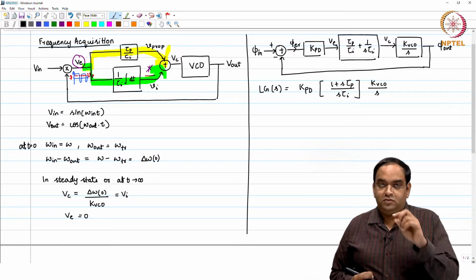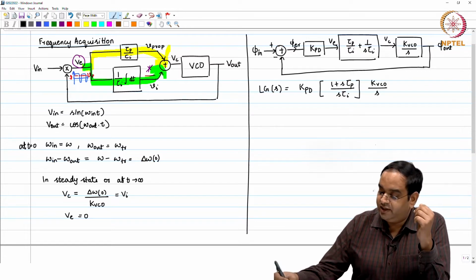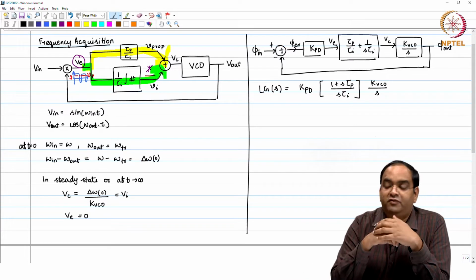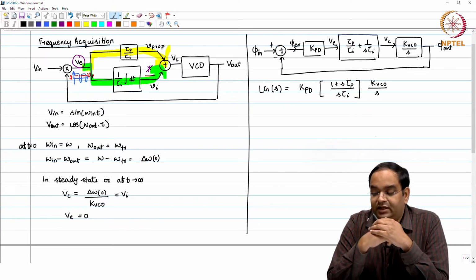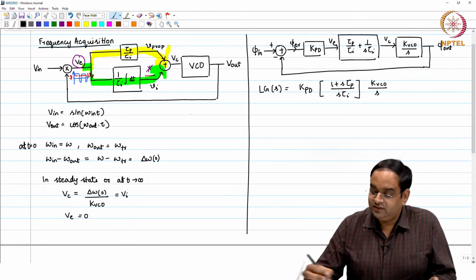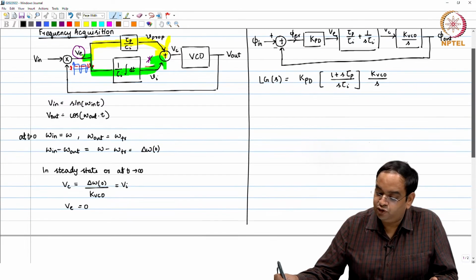Okay. So, to understand the need of the proportional path in this particular PLL, we can see that from the loop gain analysis also.